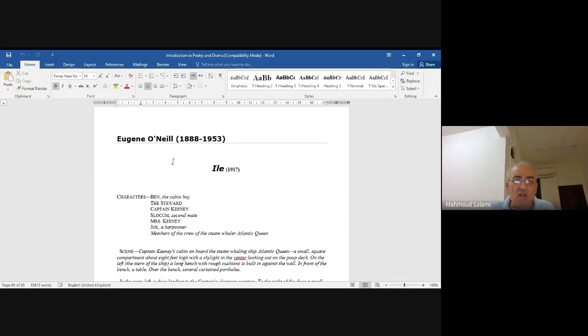And we have Joe, the harpooner, who tells them about what's going on around them in the sea. And members of the crew of the steam whaler Atlantic Queen. So the name of the ship is Atlantic Queen, and it's called a whaler, from whale, because they are hunting whales.